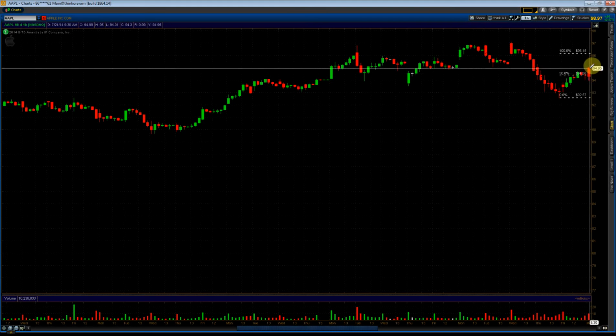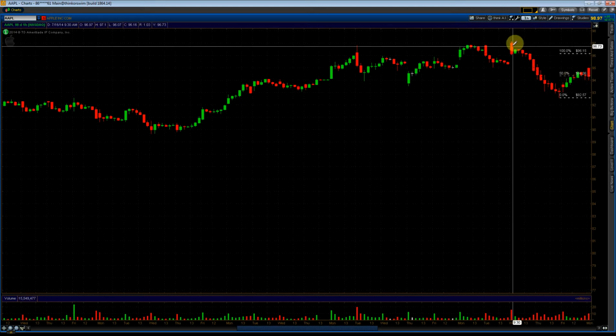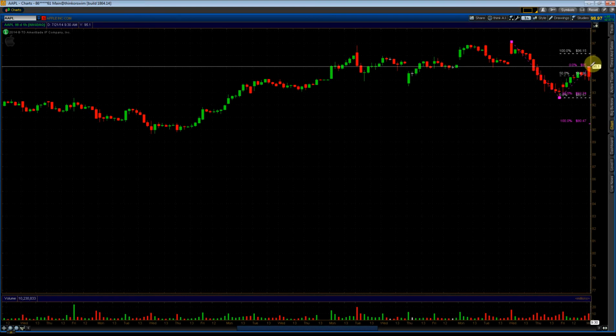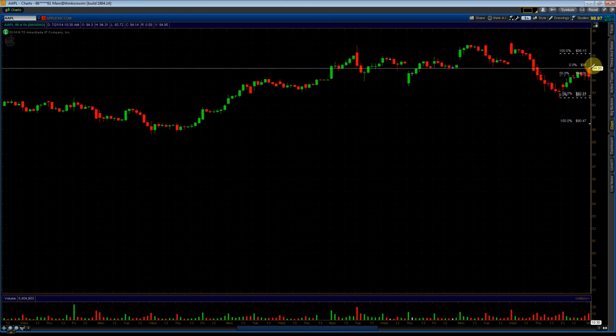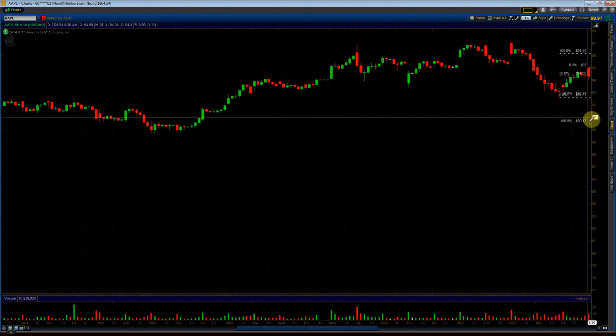We gapped up and we started to fall. The first thing we should look at on a gap up is a puts entry. It'd also be a calls exit, but that really wasn't a big gap up. So we would have stayed in those calls and we would have taken our puts entry.